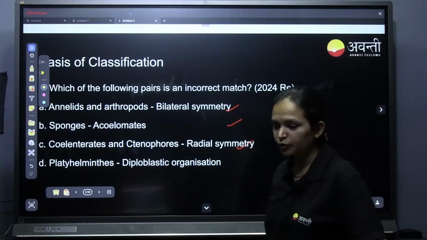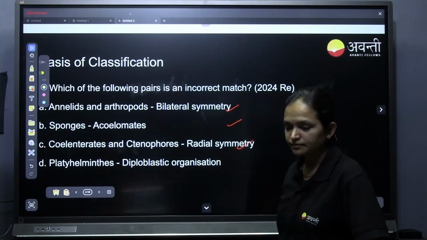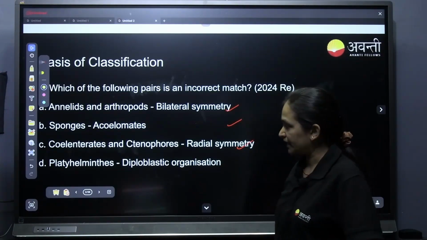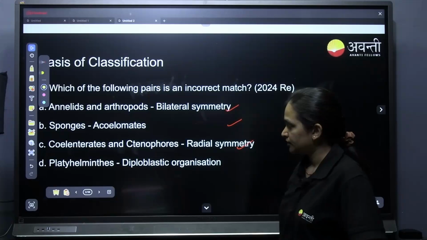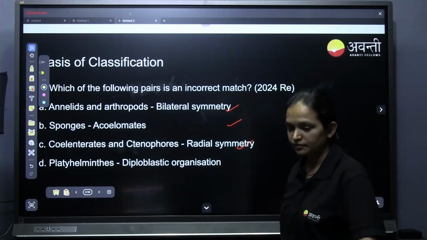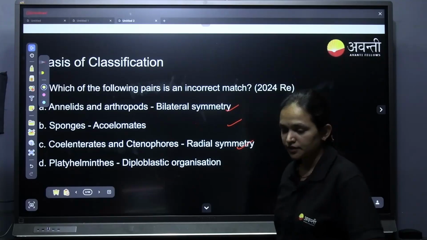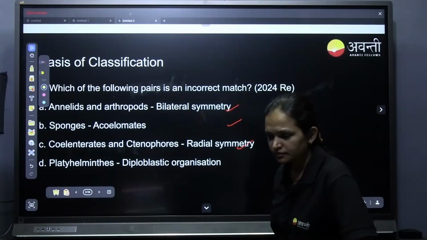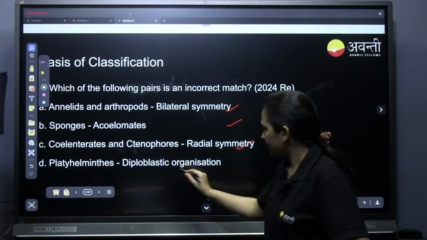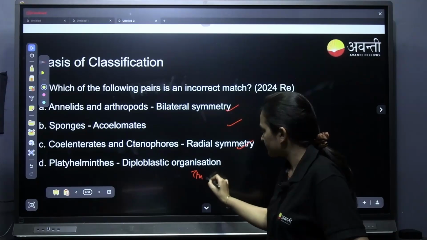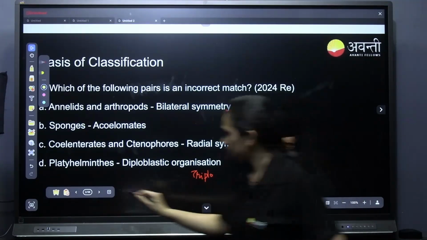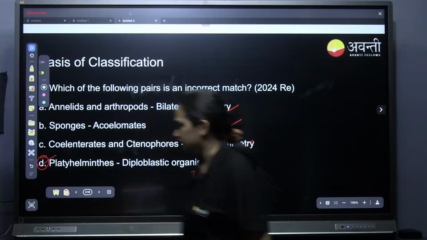Is a platyhelminth diploblastic? What are platyhelminths? Platyhelminths are triploblastic. This becomes D as the right answer.